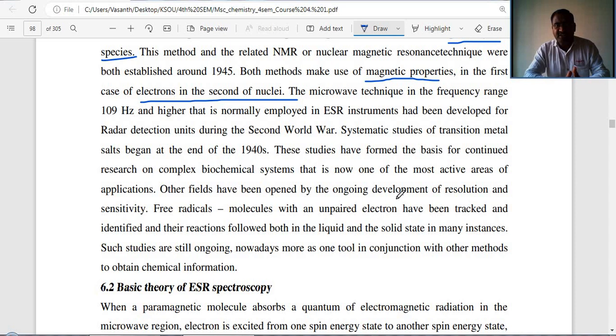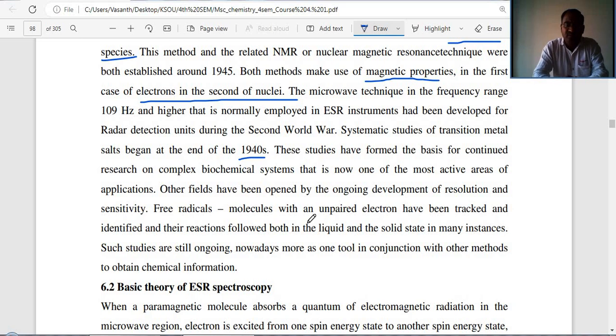The systematic studies of transition metal salts began at the end of the 1940s. In this, the free radicals or molecules with unpaired electrons have been tracked and identified, and their reactions followed both in the liquid and the solid state in many instances.